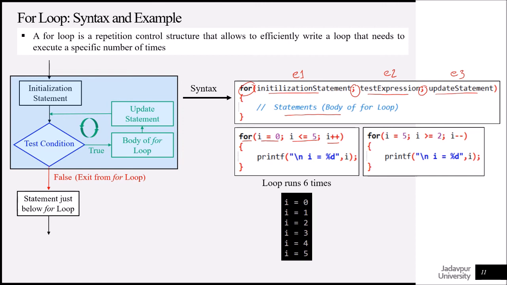So here the loop starts with 5. At the first iteration, when it goes inside the loop, obviously 5 is greater than 2, so it evaluates to true. So the execution enters into the loop and it will print i equal to 5. After that, there is a decrement of i, so the value goes down to 4 and it goes back to the test expression again.